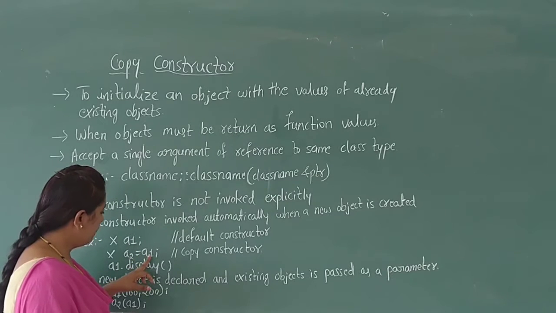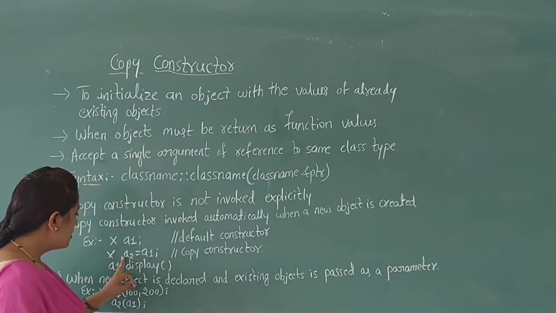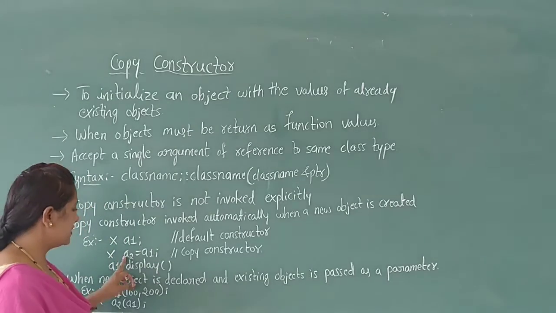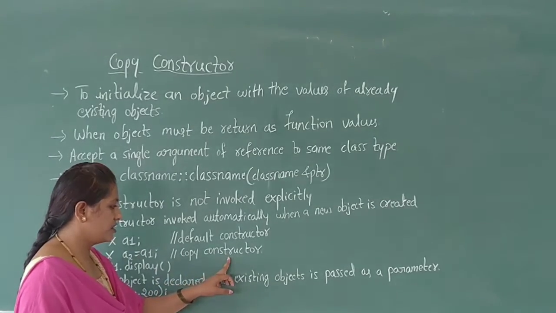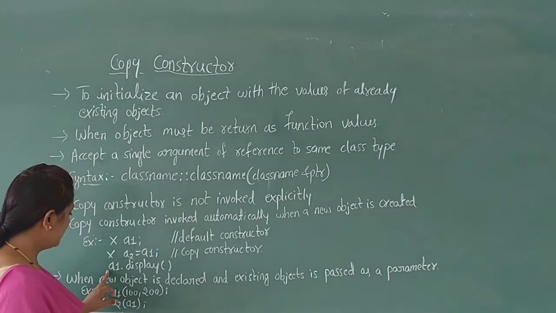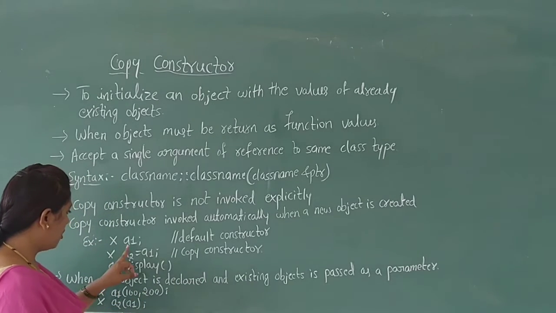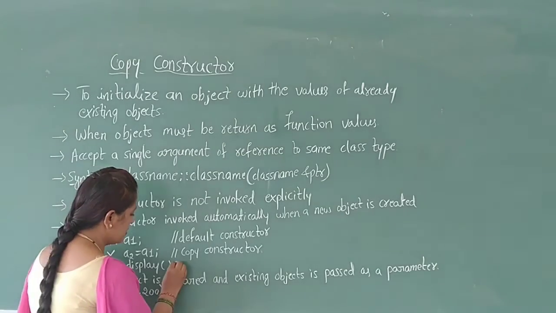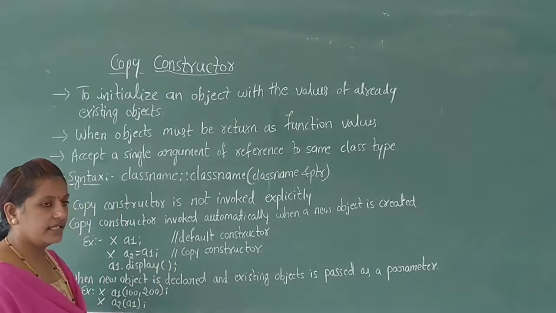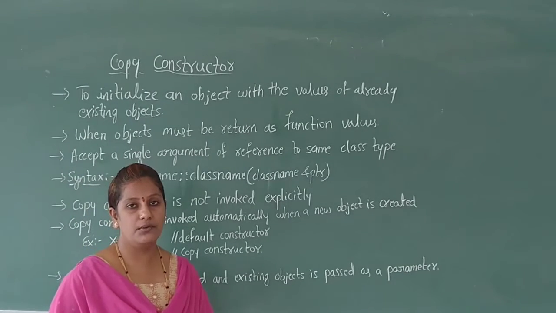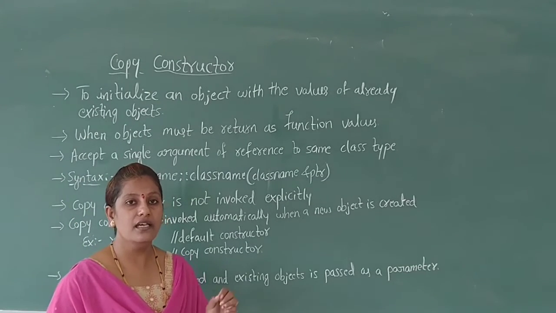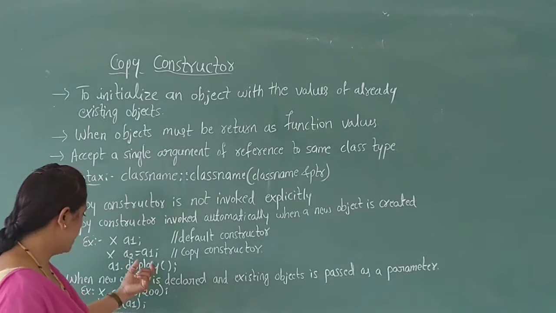Then the a1 values are copied to the object a2. This is called a copy constructor. Next, using the object a1, the display member function is called and executes the statements defined in the display member function.